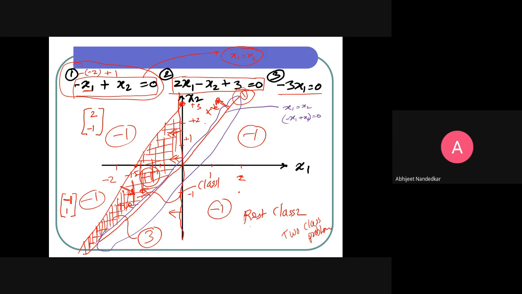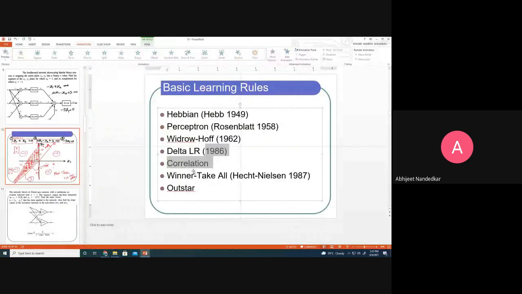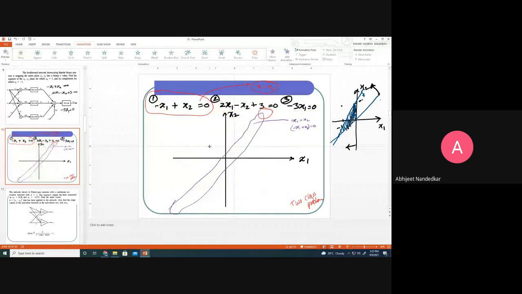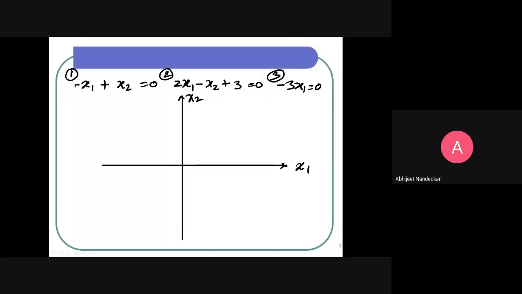So let me, I think I should rub this thing. Just 1 second. Okay, then I think better.